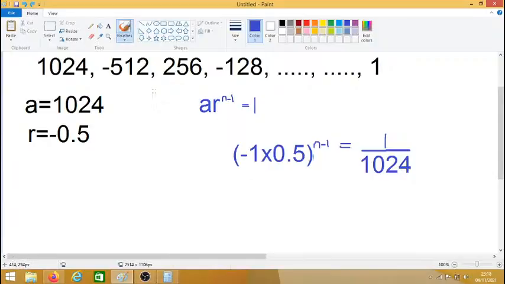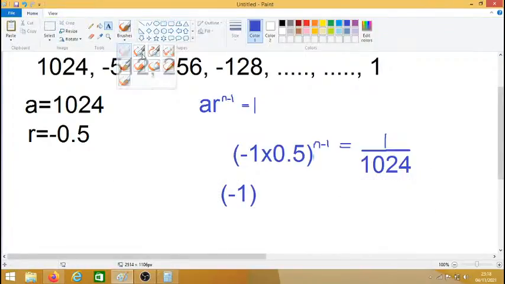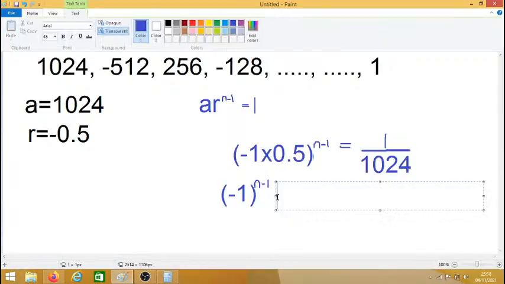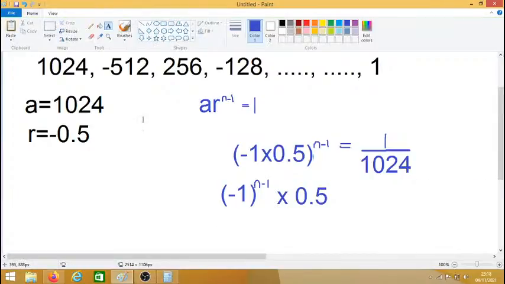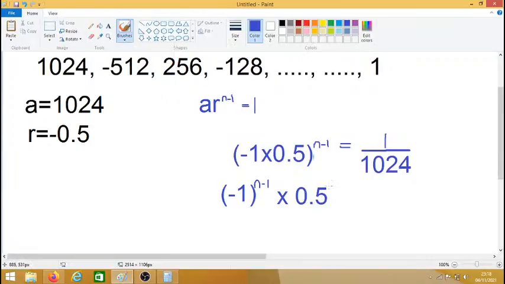So then that would mean I've got minus 1 in brackets to the power n minus 1 times 0.5 to the power n minus 1, and that's equal to 1 over 1024.